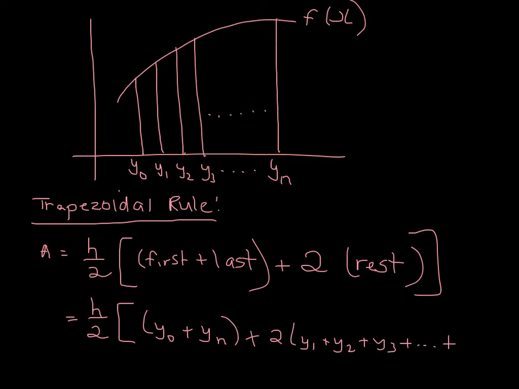I haven't drawn it in. What would that one be? Because we've already included the n, that's in the first bit here. The one before that, that's right, is y n minus 1. So that's our trapezoidal rule.